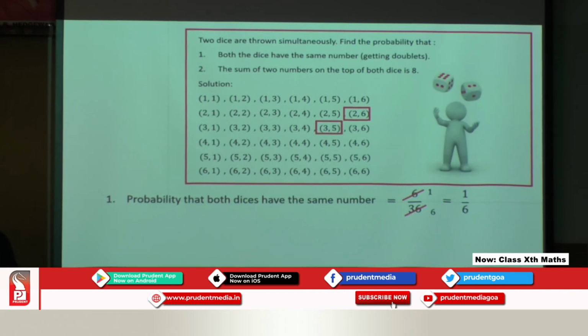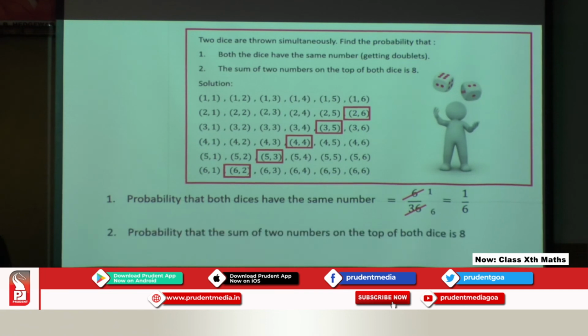Then 3 comma 5, 4 comma 4, 5 comma 3 and 6 comma 2. That means outcomes favorable to the second case are 5. That is, the probability that the sum of two numbers on the top of both dice is 8 equals 5 upon 36.